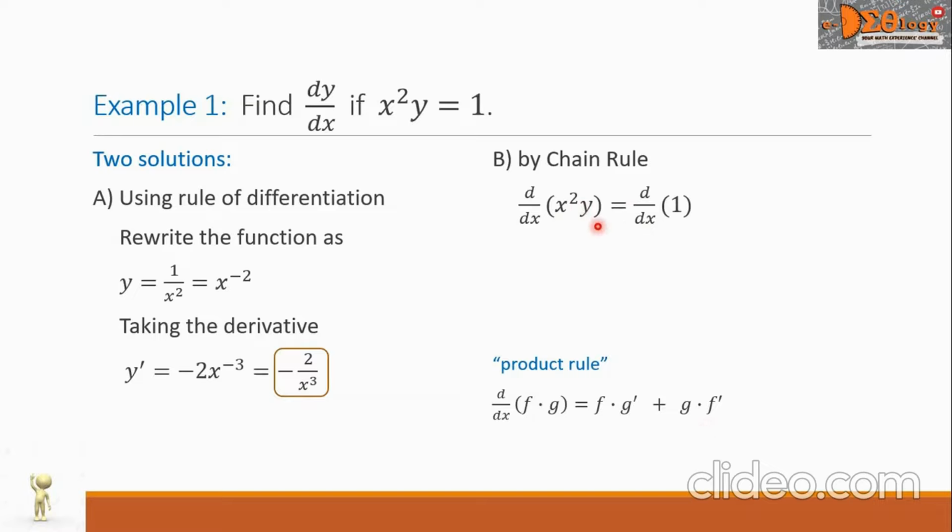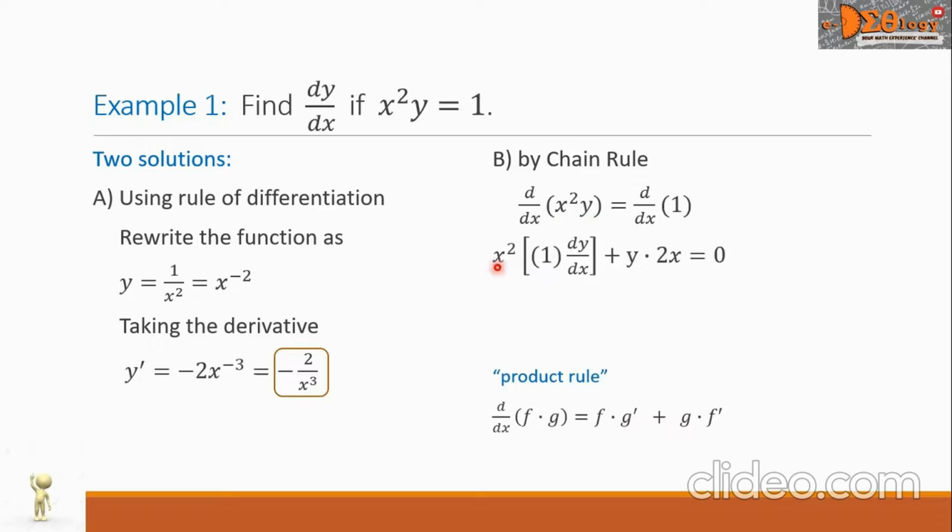Applying our product rule here, we have x squared, we copy the first term, times the derivative of y, that is 1 times dy over dx, plus, we copy now the y. Then, the derivative of x squared is 2x.